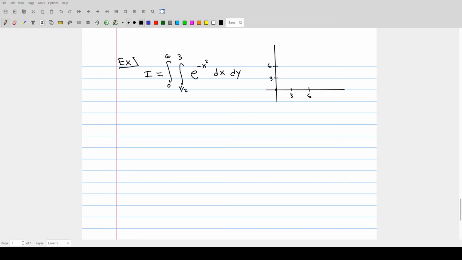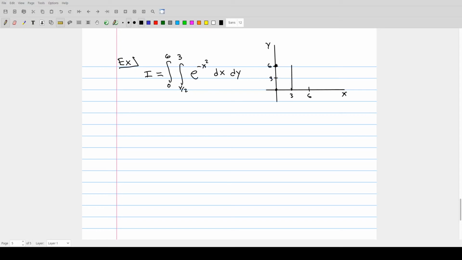So if we're going from 0 to 6 in y, this is x, this is y. 0 to 6 in y, our lower bound is the curve x equals y over 2. And our upper bound is just the constant x value 3. So our region, we know then, if our upper bound is the constant x equals 3, we're going to have this right here.